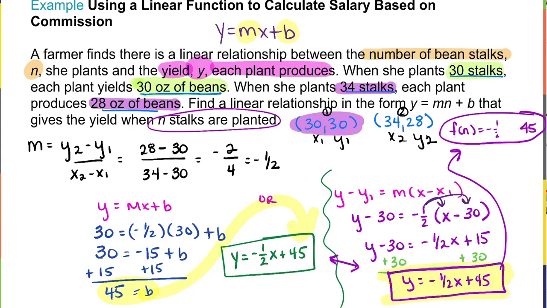That x should actually say n, so negative 1/2 n plus 45 is the function. Now, if they told you to evaluate it at a certain n, so let's say n was evaluated at n equals 3, then you would put 3 in right there for n and solve it.